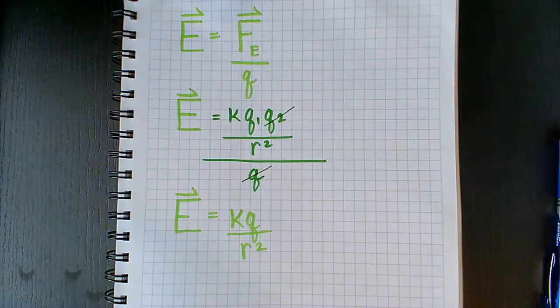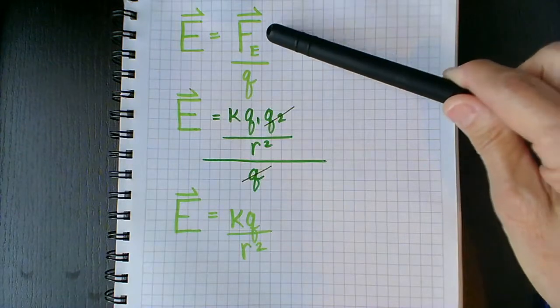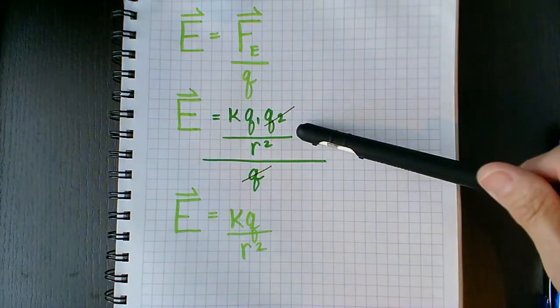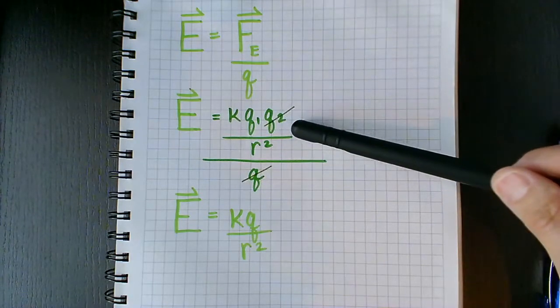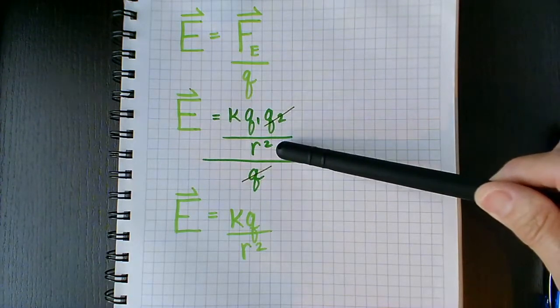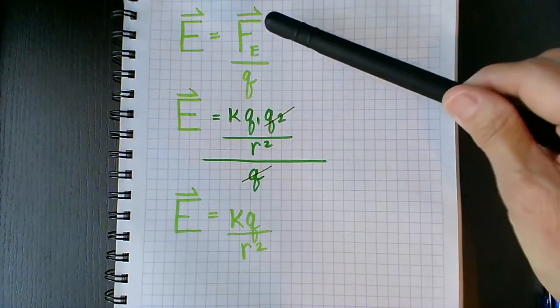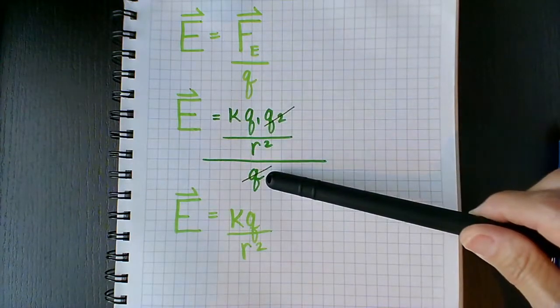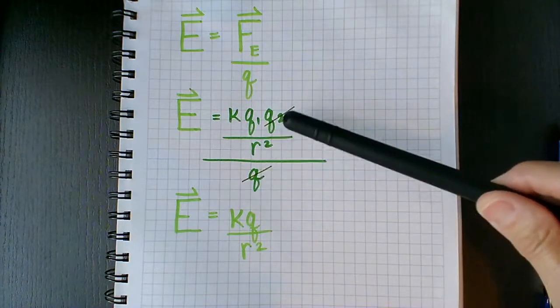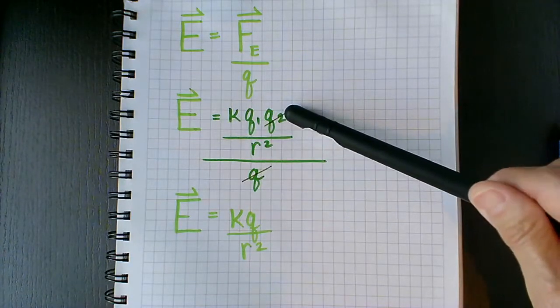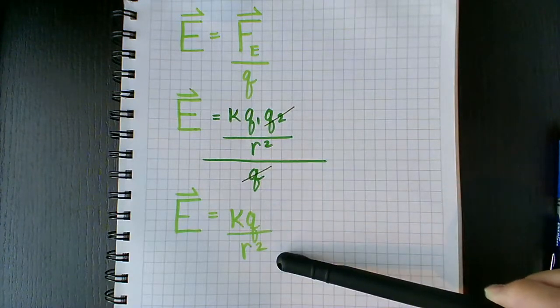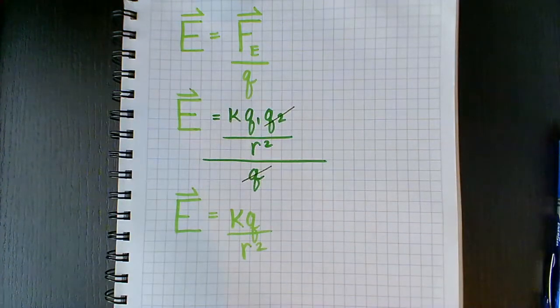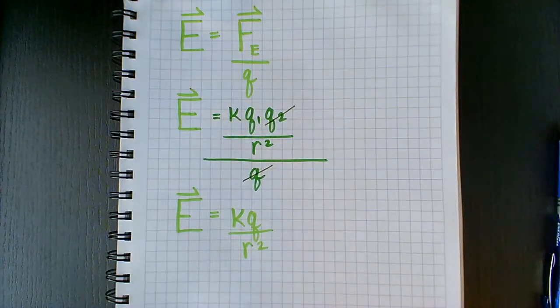And we know that this Fe, this electrostatic force, is expressed by Coulomb's law. So here's Coulomb's law right here. Fe equals kq1q2 divided by r squared, and then divided by the charge, and the two charges cancel, and this Q2 is always the test charge, and so we end up with kq over r squared. So that's just to clear up any confusion about this version of kq over r squared.